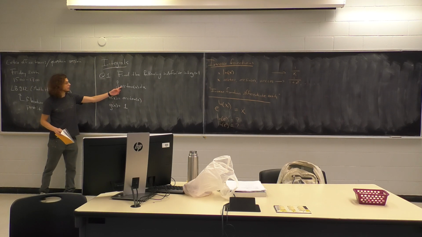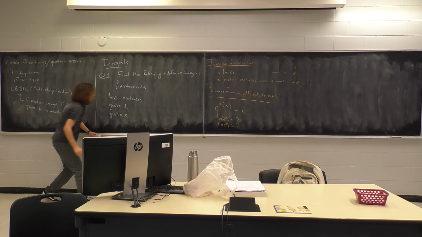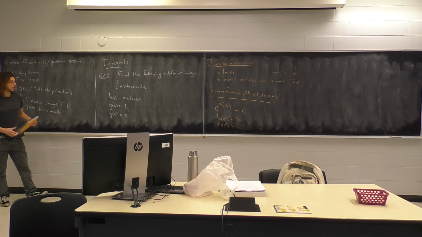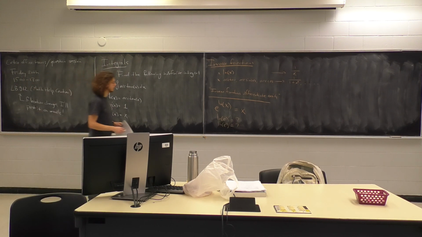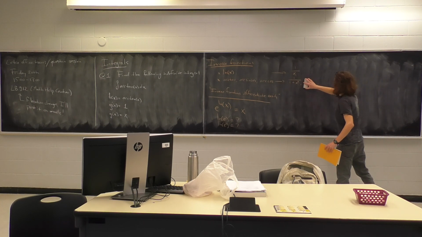And we recognize this as the integral of 1 times arctangent. Well, g prime is 1. G can be x. I mean, g could be x plus 2 too, but we want to keep things simple. And now we use integration by parts.